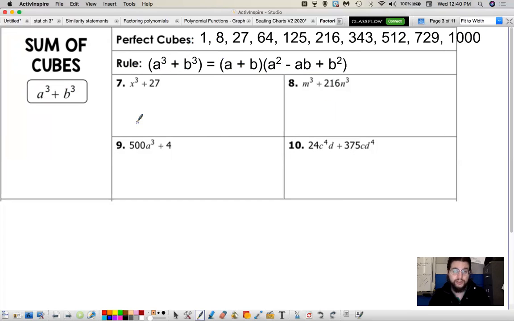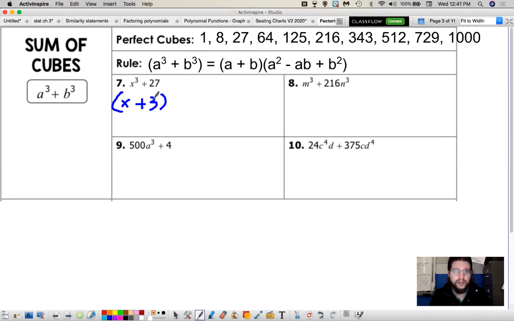So again, first thing you want to do is figure out what A and B are. So A would be the cube root of x cubed, which is just x, plus, because it's a plus, and that formula has a plus right there. The cube root of 27, so 3 times 3 times 3, yeah, that's 27. X plus 3.